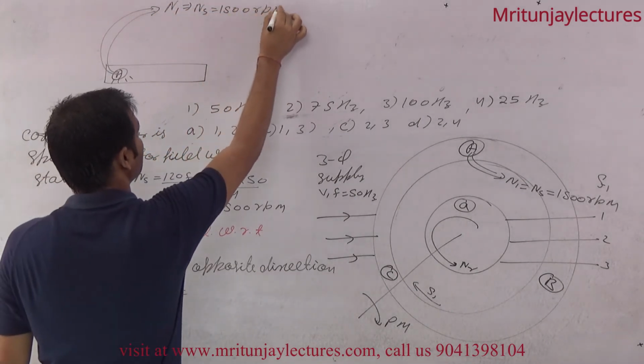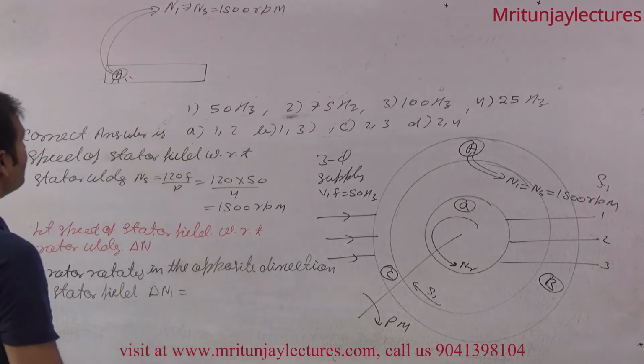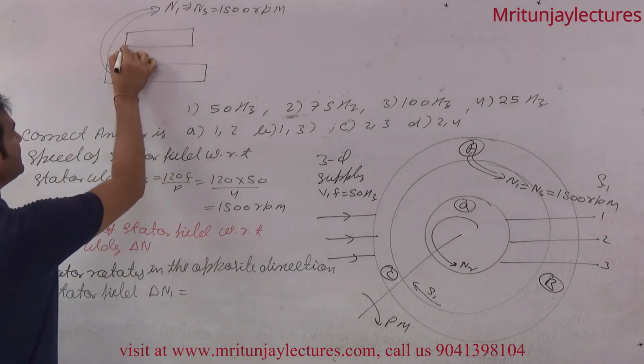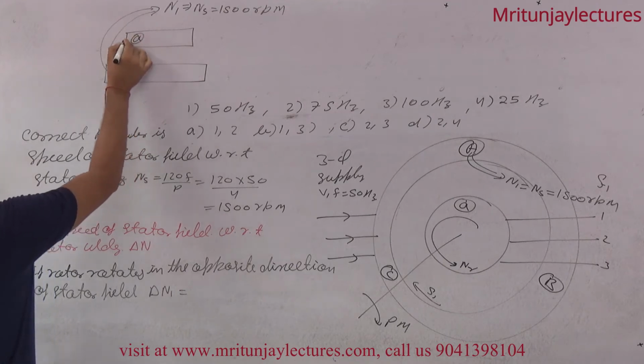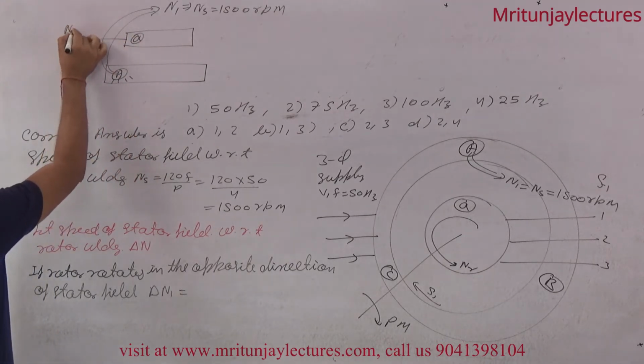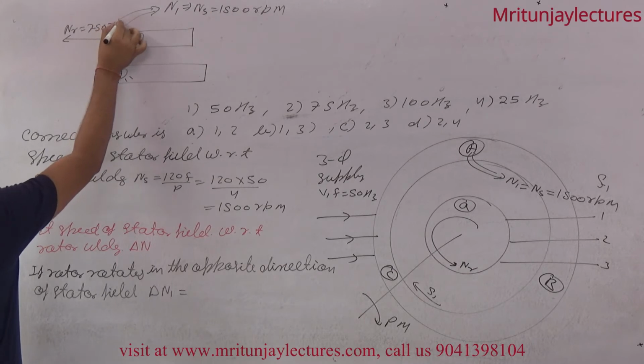The rotor moves in the opposite direction with speed 750 rpm.